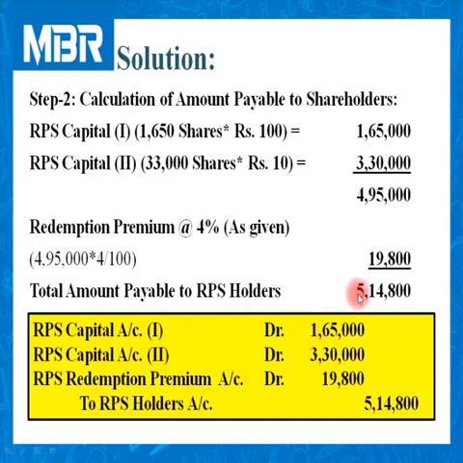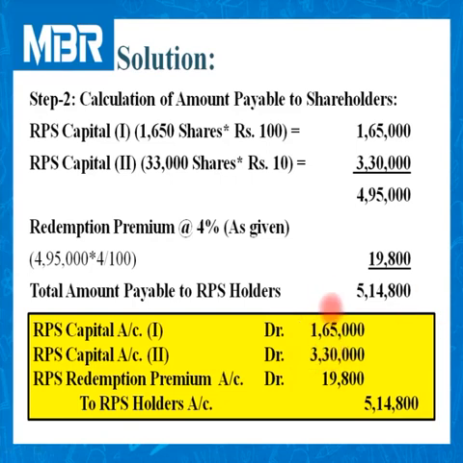It may be possible that in some books it is debited in a consolidated amount, like RPS capital account debited 4,95,000. So don't get confused with the figure of 4,95,000. This 4,95,000 is nothing more than the total of type 1, 1,65,000 and type 2, 3,30,000.